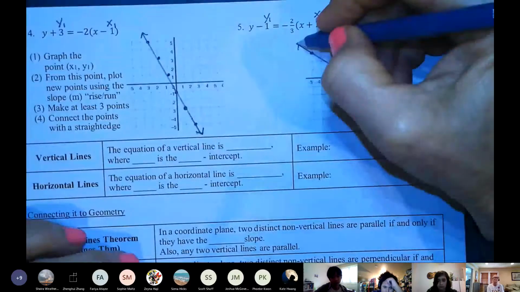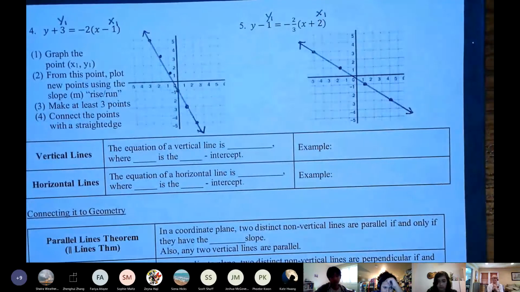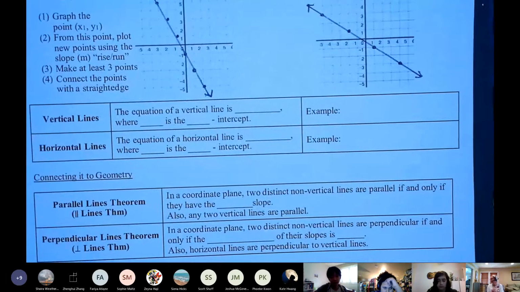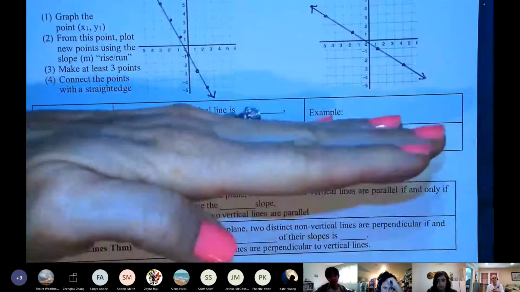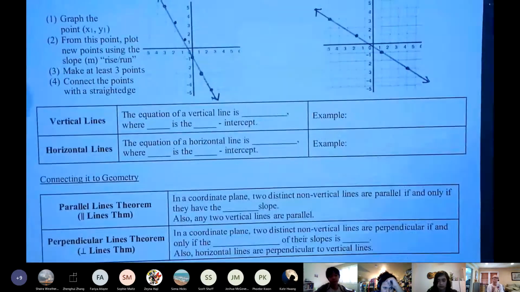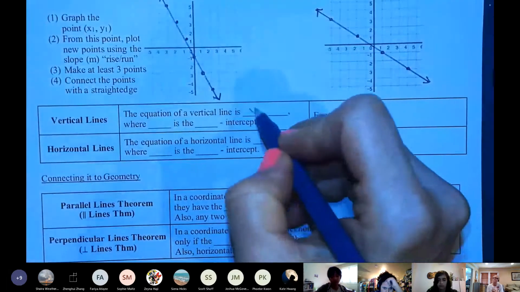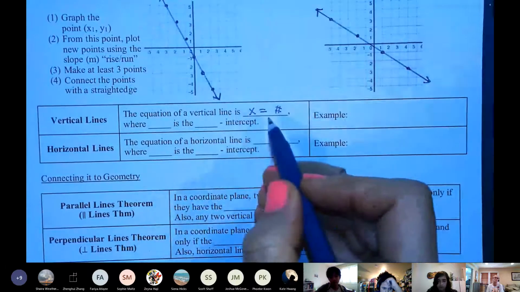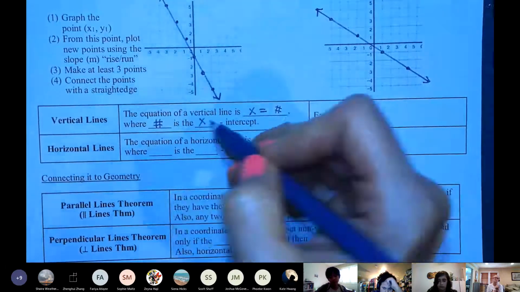Okay, so again, algebra review. I can feel it coming back to you right now already, whatever you had for last year. So a vertical line is straight up and down. Those are the undefined ones. And the horizontal ones are like this. Those are the zero slope. So the equation of the vertical line is a special form. It is always x equals some number, where the number is the x-intercept.